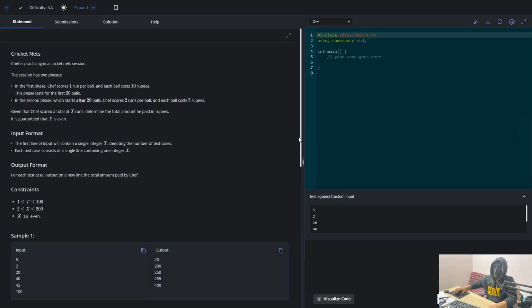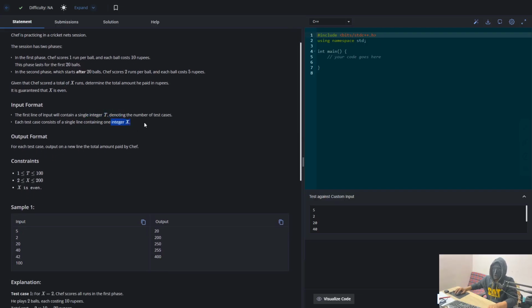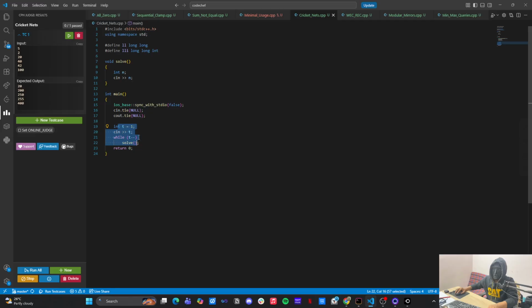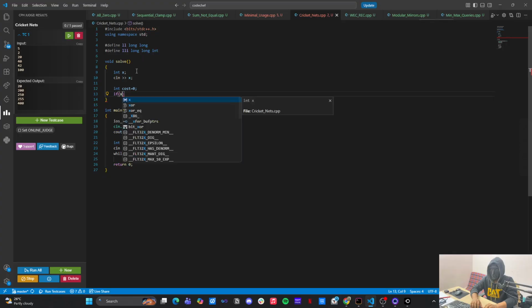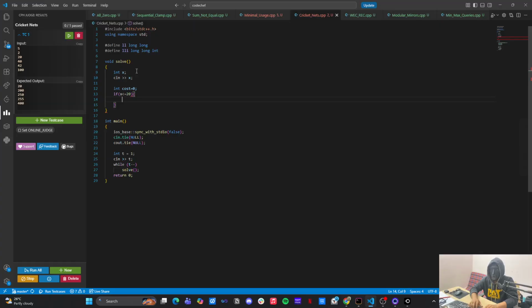So they have said for each test case we have integer x. So I'm dealing with the test case here. Now we need to check the cost. Initially cost, let's say, is 0. We'll be checking if the score is lesser than or equal to 20, which means he has played only phase 1.